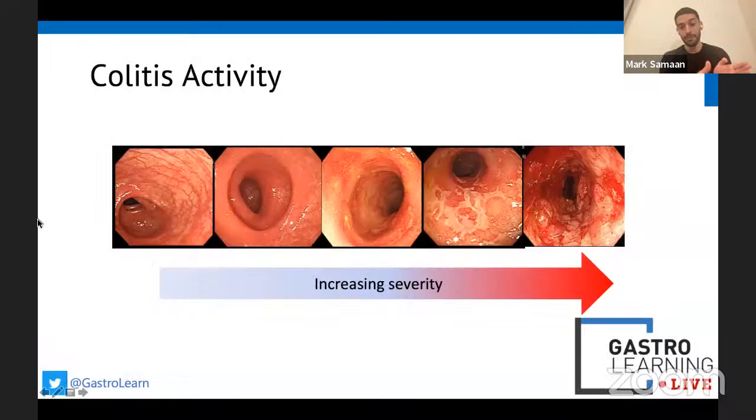So that's important. The second thing is, okay, how active is the disease that I'm seeing? And we're going to come on to talk about the scoring systems used. They really are our best way of grading the inflammatory process we see and conveying it to the next person who sees this patient in the clinic.